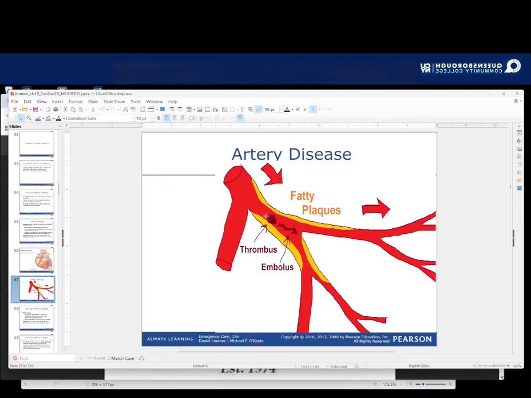If you took aspirin, it slows down that process, which means the embolus does not keep growing and growing and growing. It still grows a little bit, but not as much. So that's a good thing. You want that to happen if and only if the patient is having a cardiac condition.